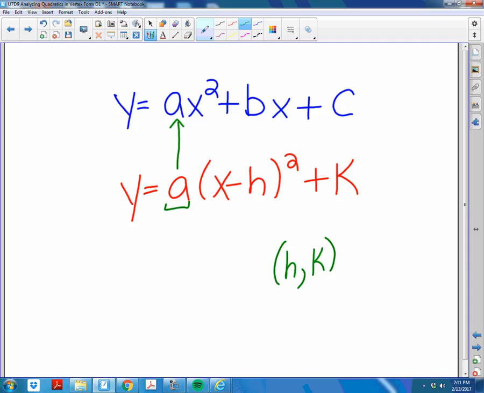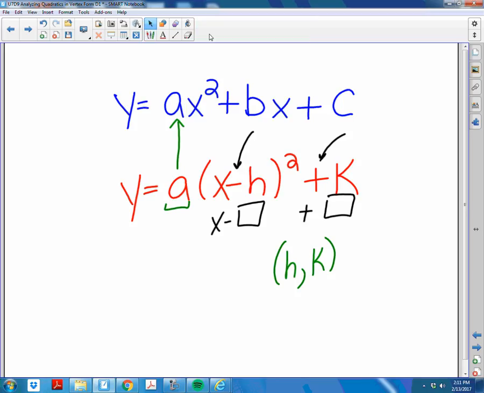Okay? Now, as we're going through this, I want you to be very, very careful about a couple things. I want you just to watch this for a second, and then we'll get into it. You notice that this is a subtraction sign and this is an addition sign, right? So one way you kind of need to think about this is this. I'll show you why.